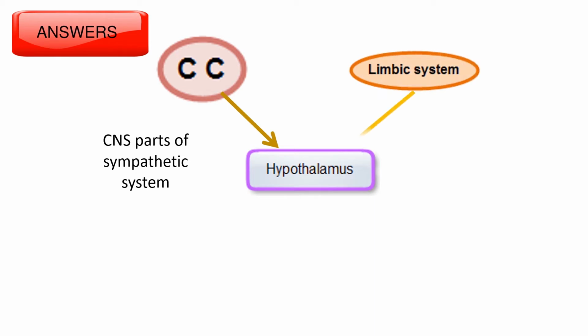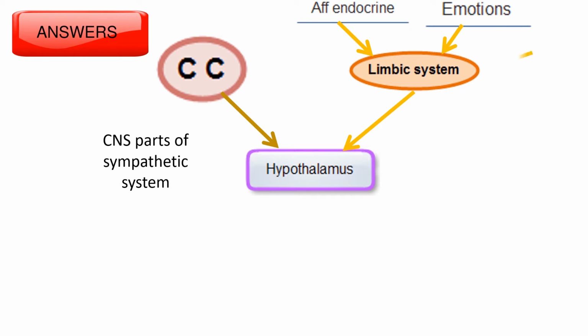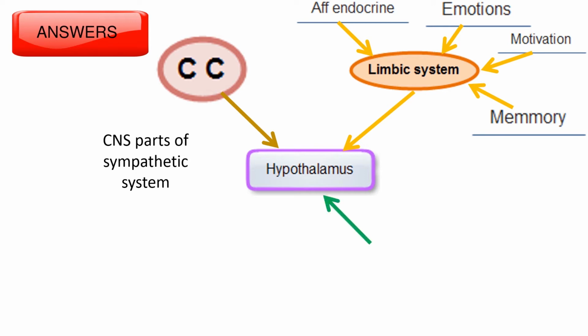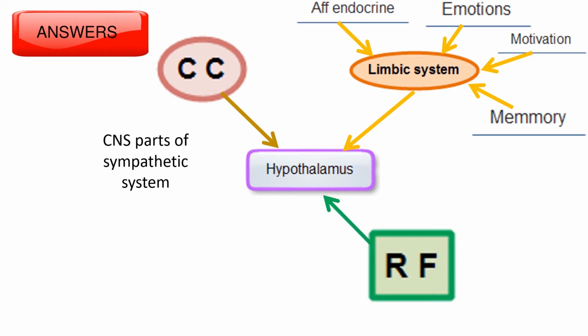The limbic system also influences the hypothalamus. The limbic system is dealing with afferent endocrine feedback. It is about emotion, motivation, and memory.